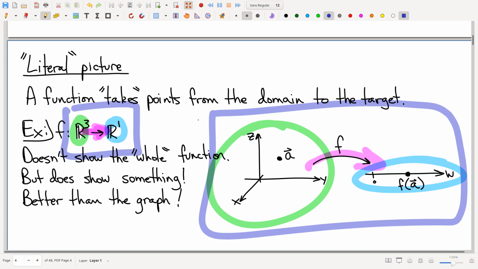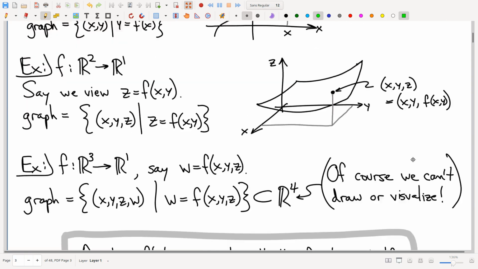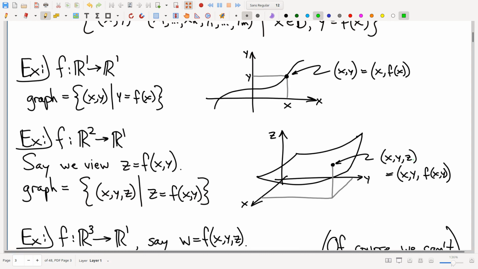Okay, so pros and cons. Now you can see some obvious cons. I can draw one input point and its corresponding output point, and I guess I could do a couple of them, and if I get colors involved I might even be able to keep track of which input goes to which output, but where's the shape? Right, there's no shape to see here. In these other cases, we know what the shape means.